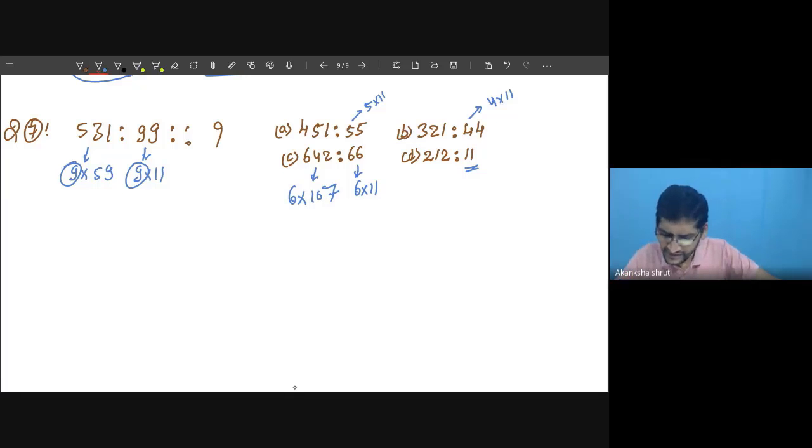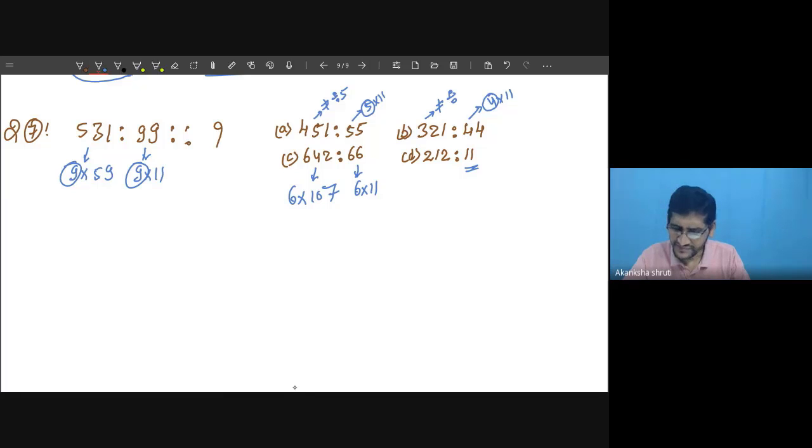If you are dividing 321 by 4, whether this 321 is divisible by 4. So this 321 is not divisible by 4, because the unit digit is not even, so no need to try for that. Even this is 5, so it is not divisible by 5.